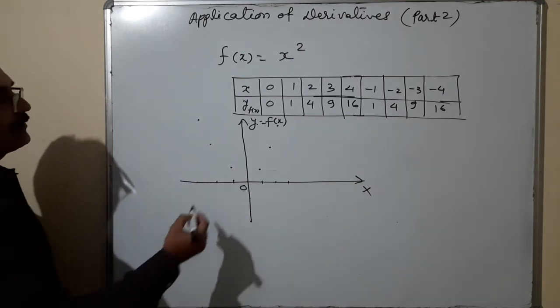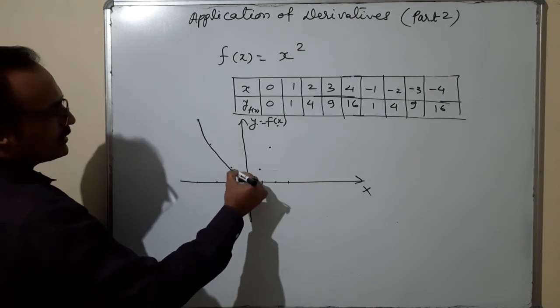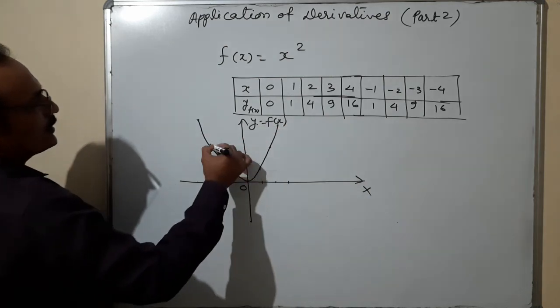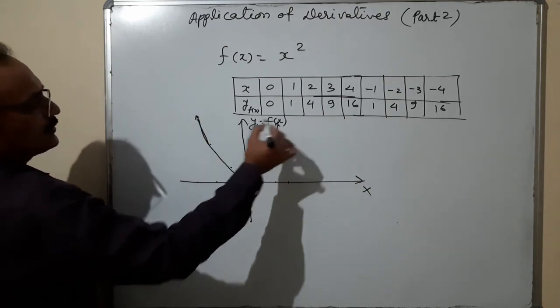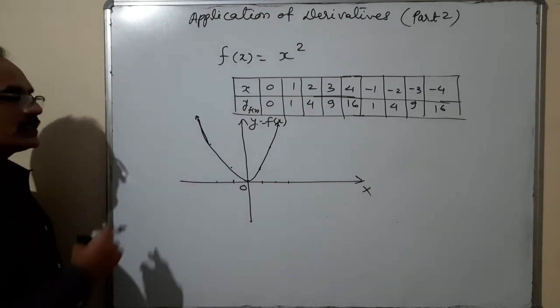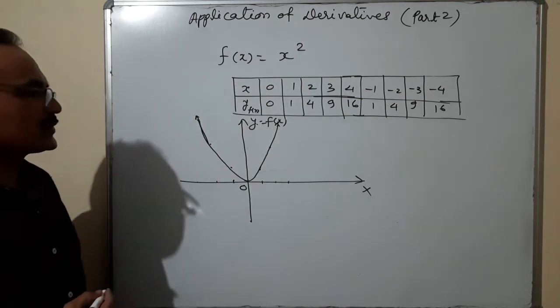When I join it, you'll see that this is a curved portion. I think this is the graph representation of f of x is equal to x square.